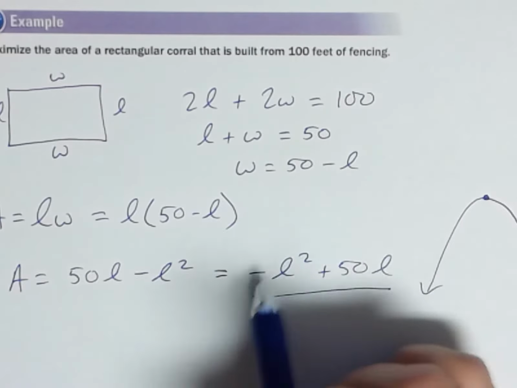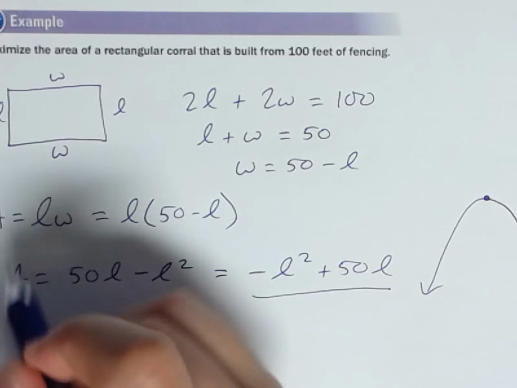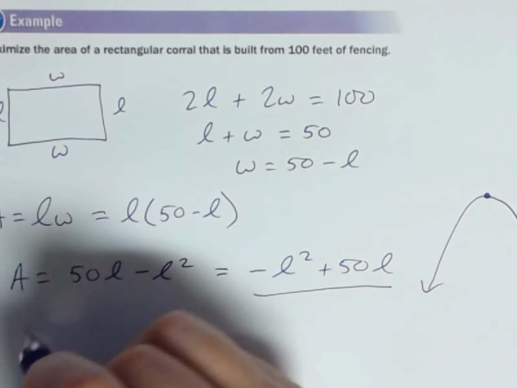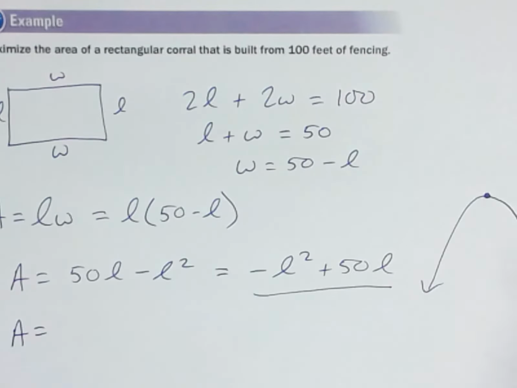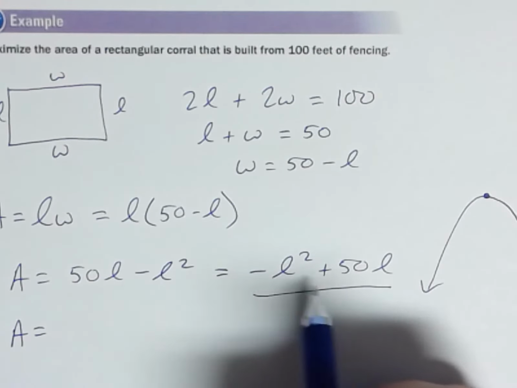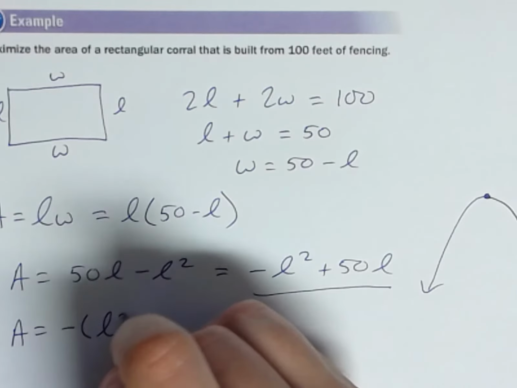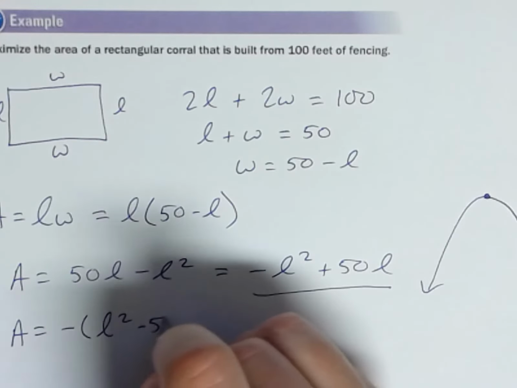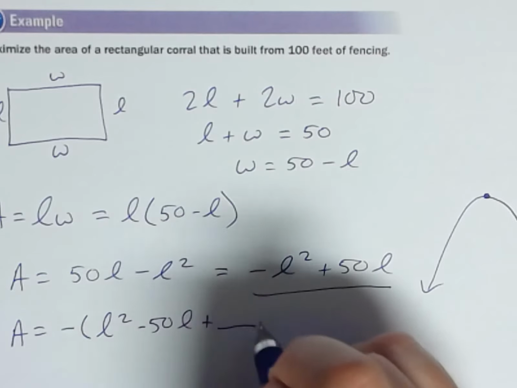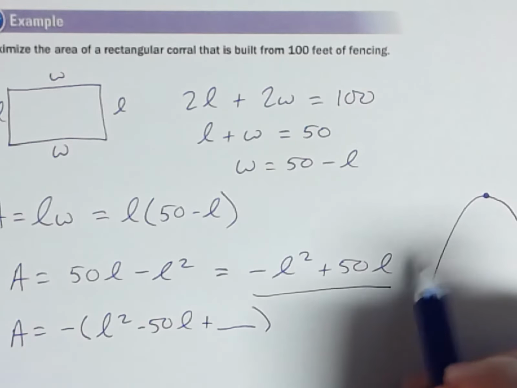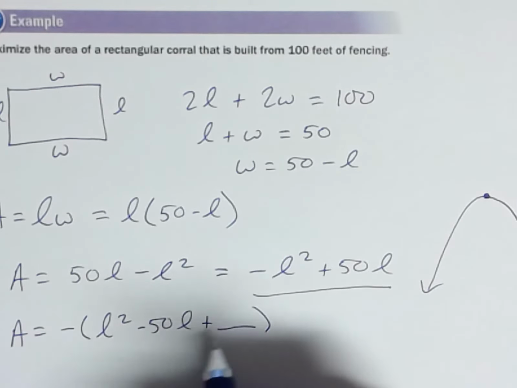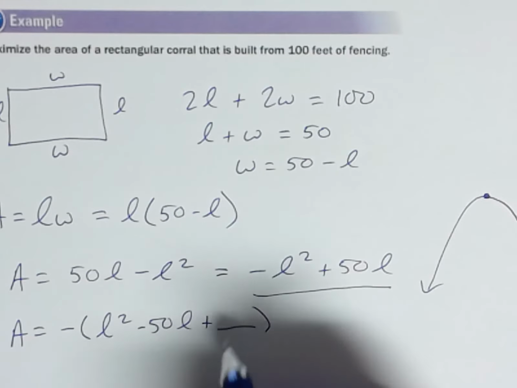So if I put this in standard form, we come over here a little bit. Let's factor that negative sign out. So I've got negative, then L squared minus 50L plus something, right? No other number out here to worry about. Well, what goes in the box here?